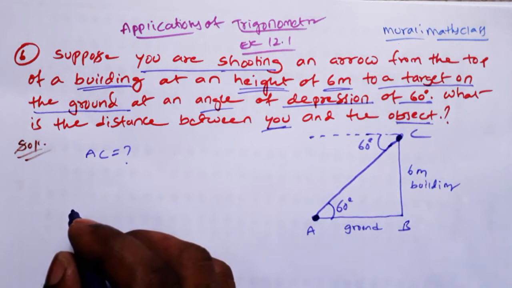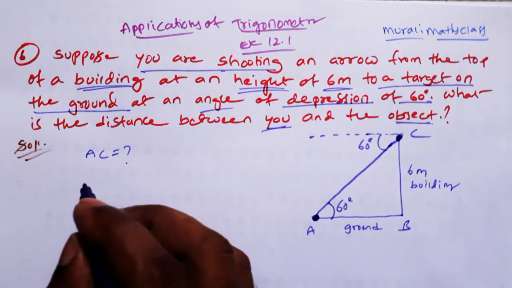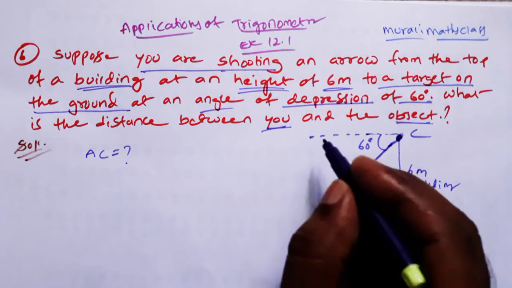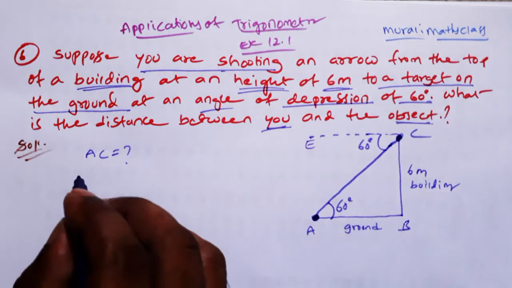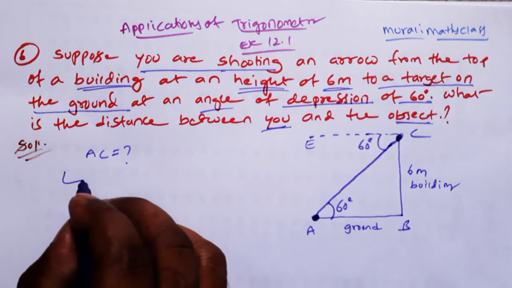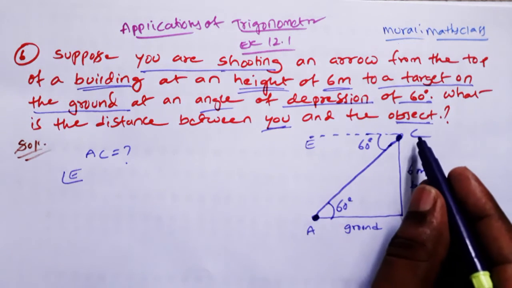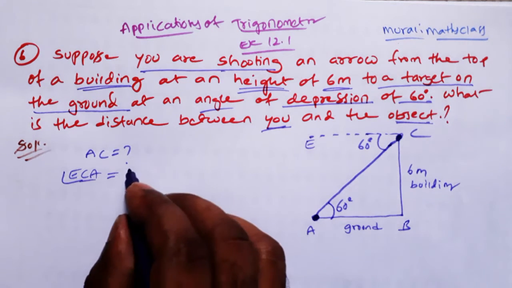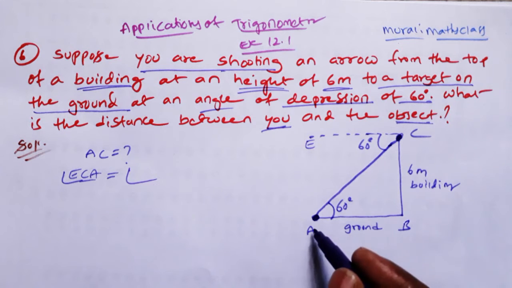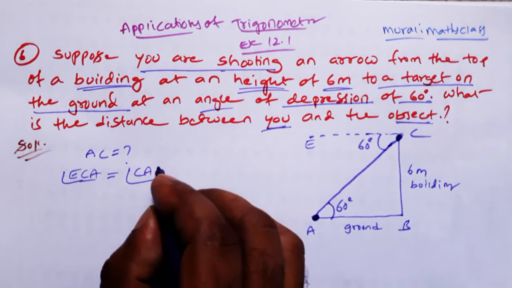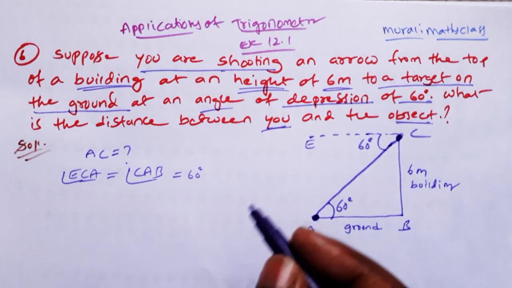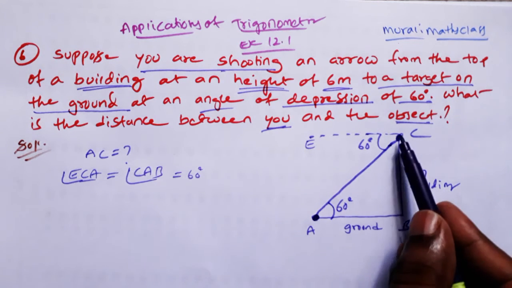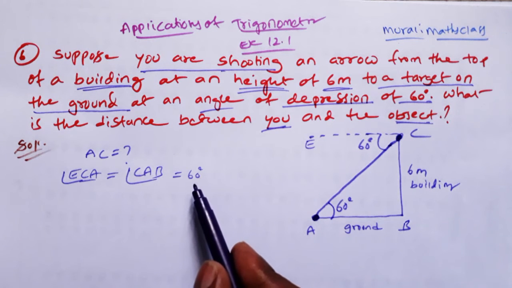So what you can do here, let us mark here E. See, observe here, angle ECA equals angle CAB equals 60 degrees. Both are equal to 60 degrees.